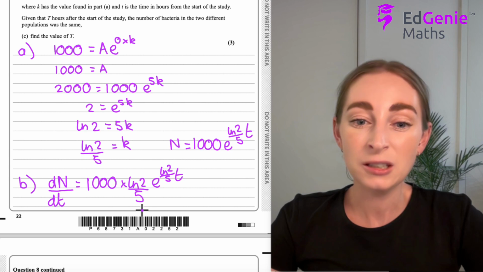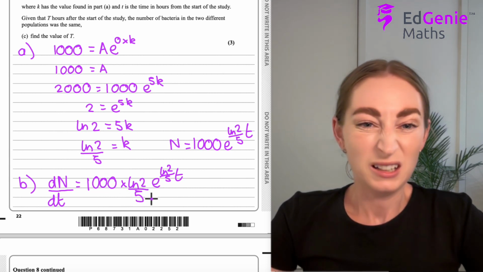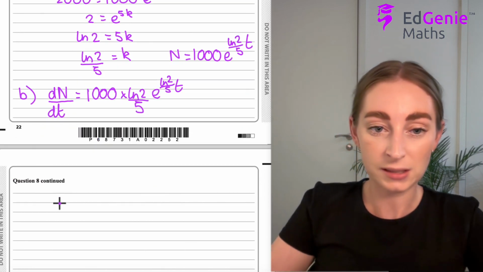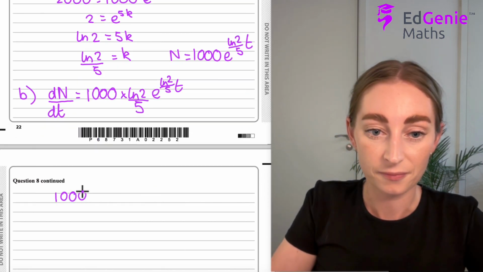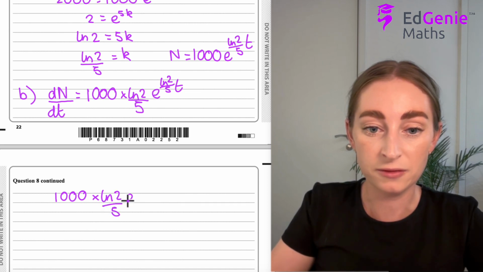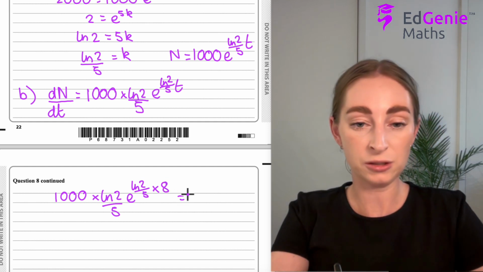And we could write that out again, maybe cancel those out. But I'm not going to do that. I'm just going to substitute 8 straight in. So, ln 2 over 5, e to the power of ln 2 over 5 times by 8. Put this whole thing into your calculator.